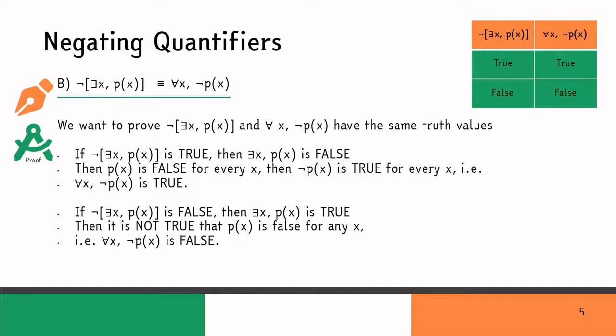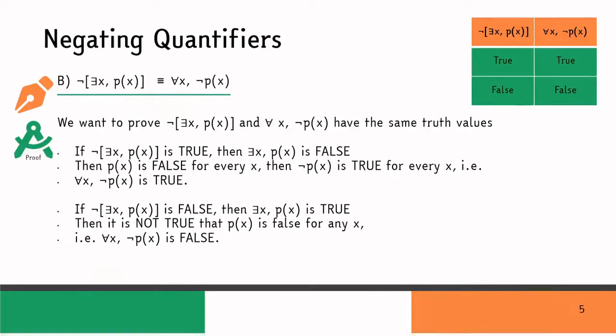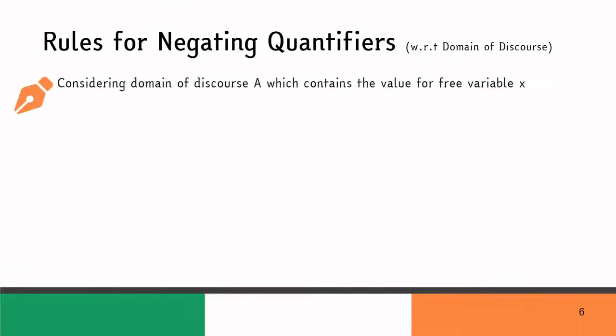This takes us to identify the general rules for negating quantified predicates with respect to the concept of the domain of discourse. Let us consider a domain of discourse A which contains the values for a free variable x. For such a constraint, we can represent De Morgan's law for logic as the following.